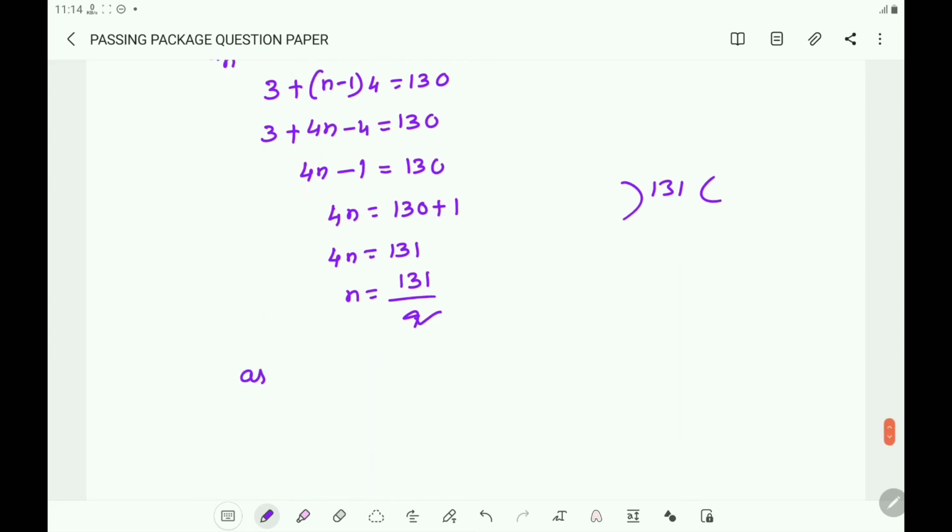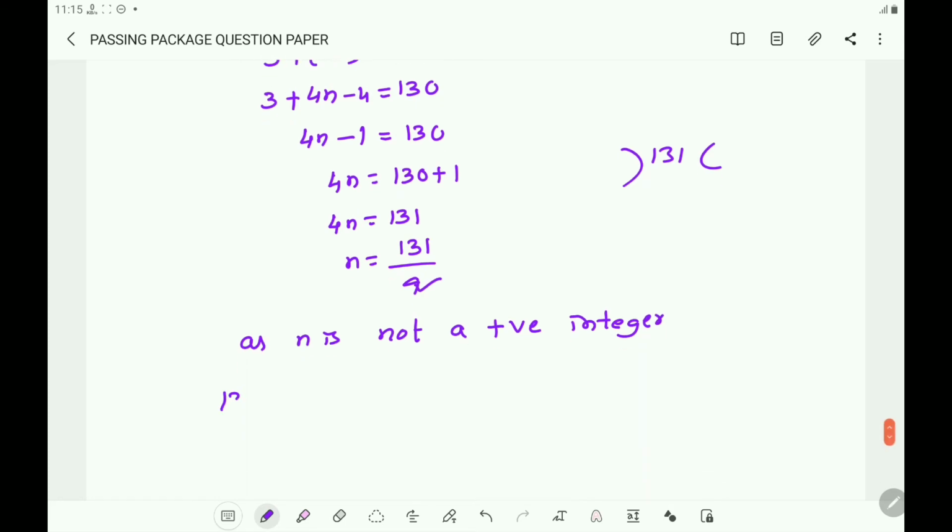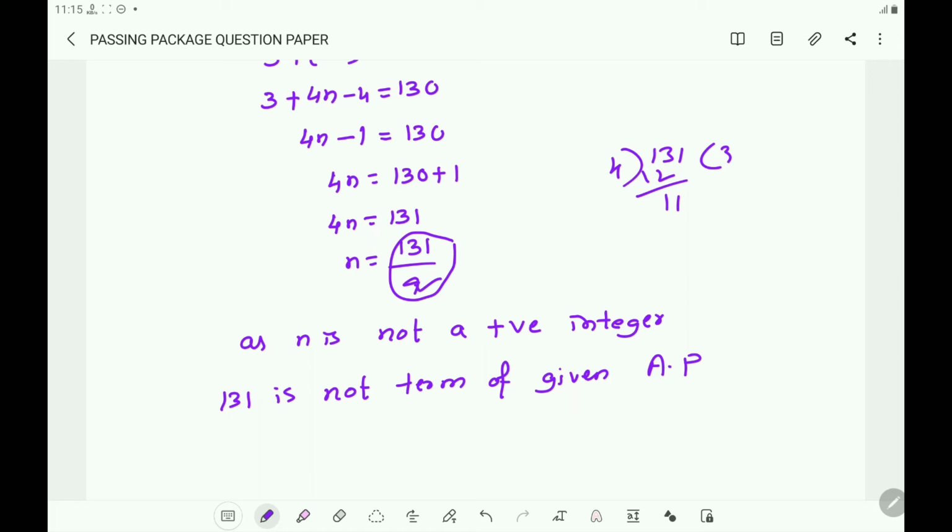So as n is not a positive integer, means not a natural number, 131 is not a term of the given AP. Here if you try to divide, you will get a decimal number. So here 4, 3s are 12, 1 is remaining, 4 2s are 8.